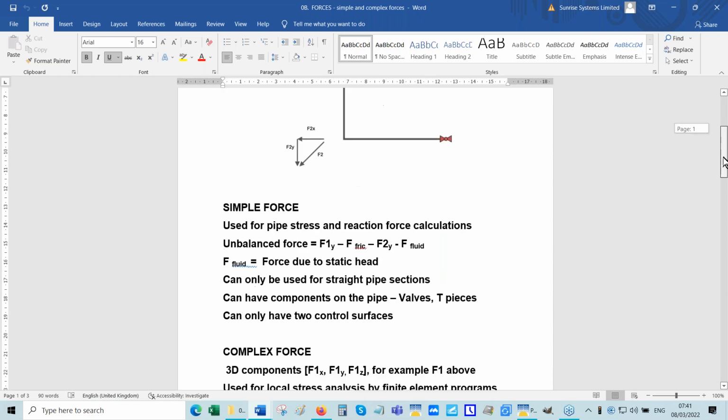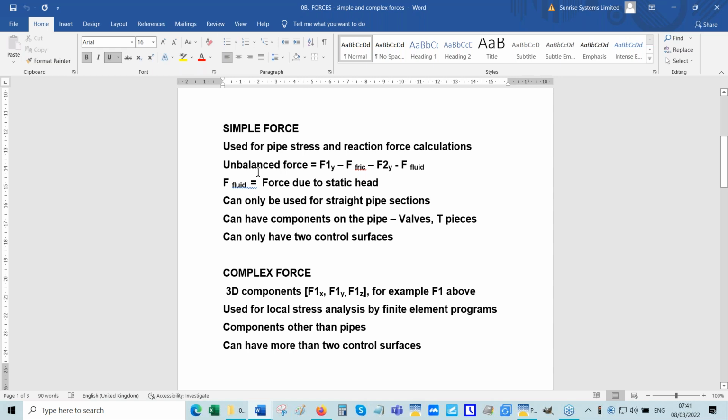Okay, so let's have a look. Is the unbalanced force F1y minus the frictional forces? What do we mean by the force? The force in PIPENET is the force that the fluid exerts on the pipe or some other item. We cannot consider the reaction forces from pipe supports and anchors in PIPENET.